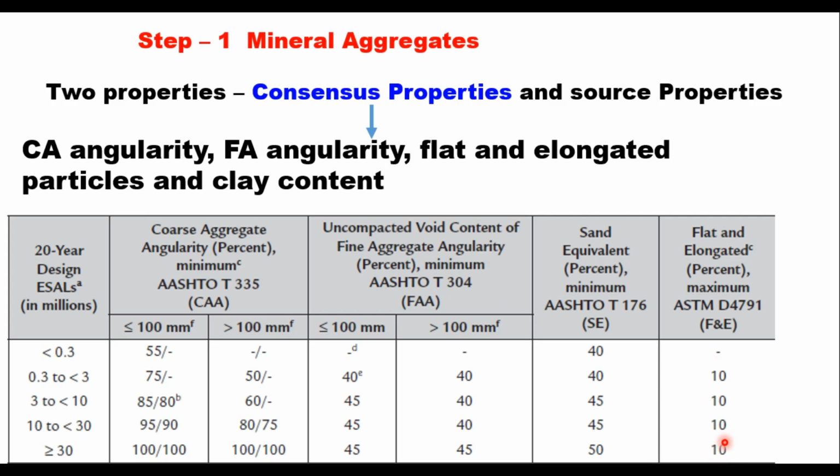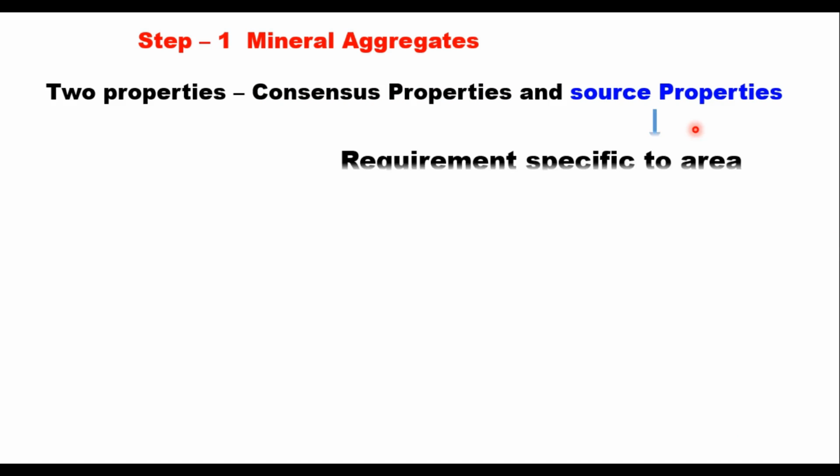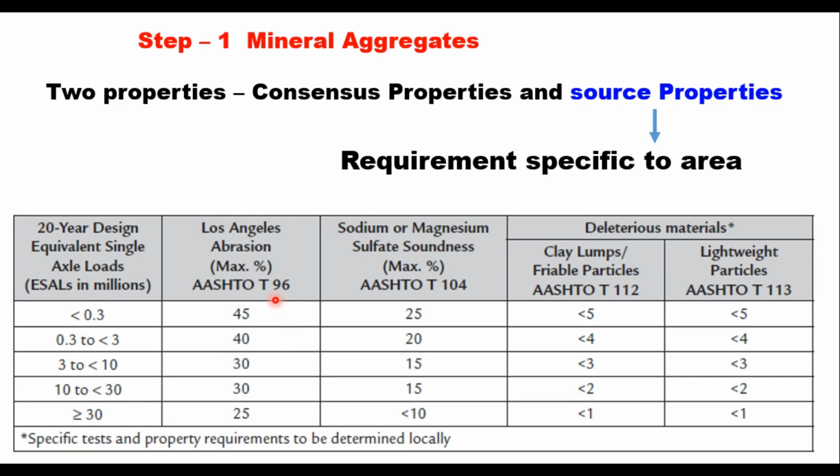The other property is what we call the source properties. Now the source properties are the requirements specific to local area because of the variety of aggregate types available in different geographical areas. And these properties are suggested as here. The Los Angeles value, the durability test, that is sodium or magnesium sulfate soundness test as per AASHTO T104.